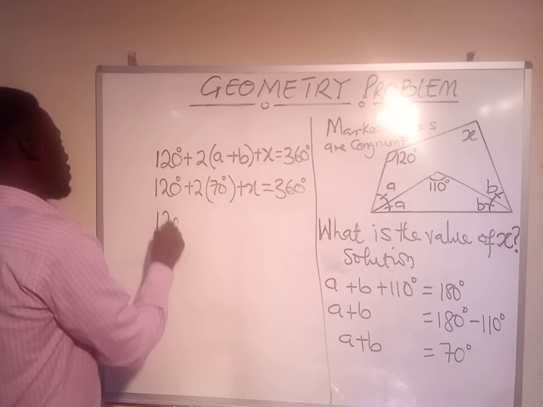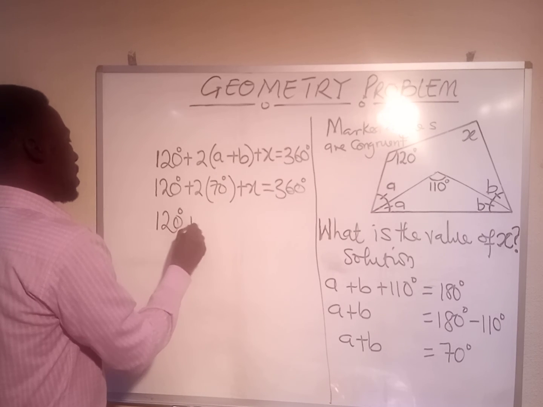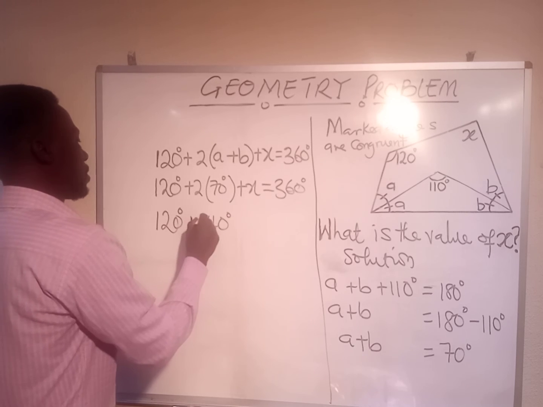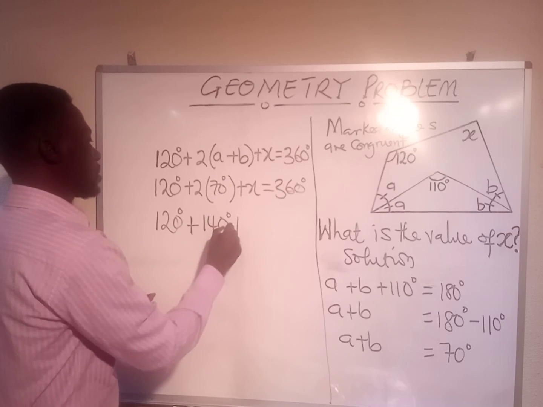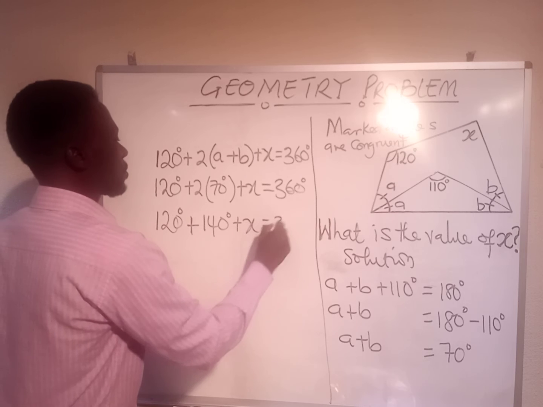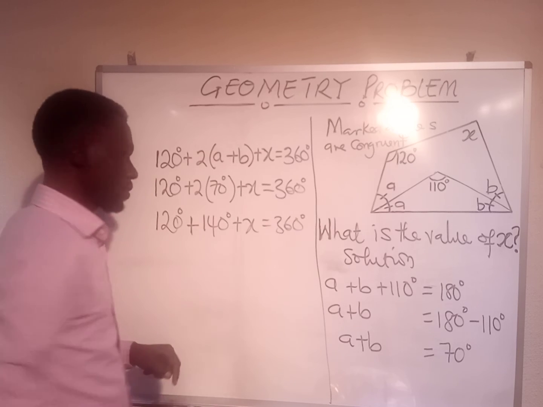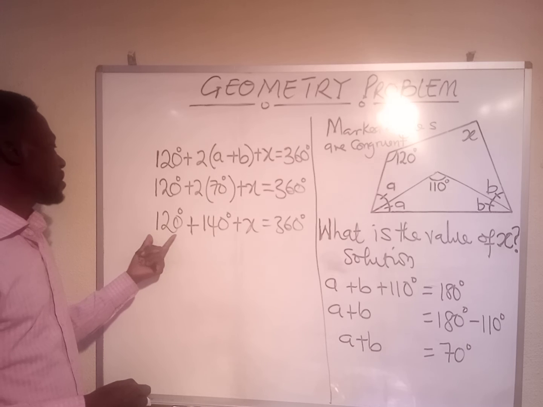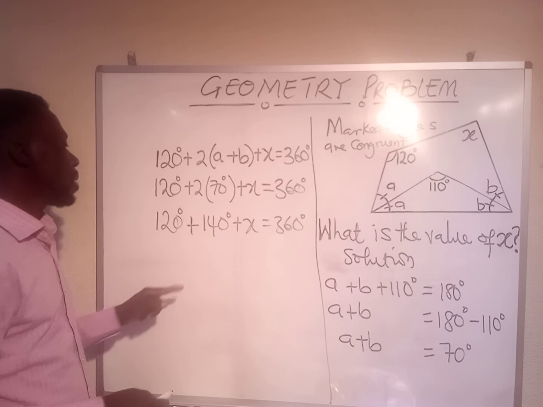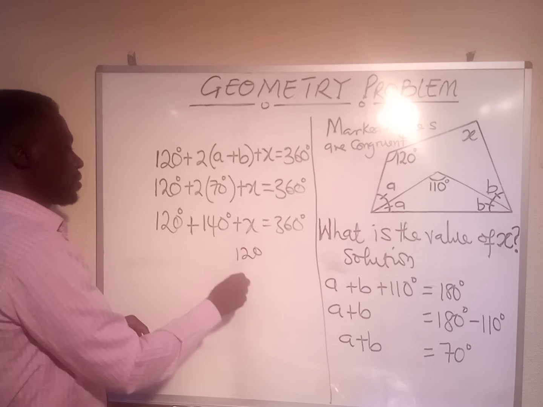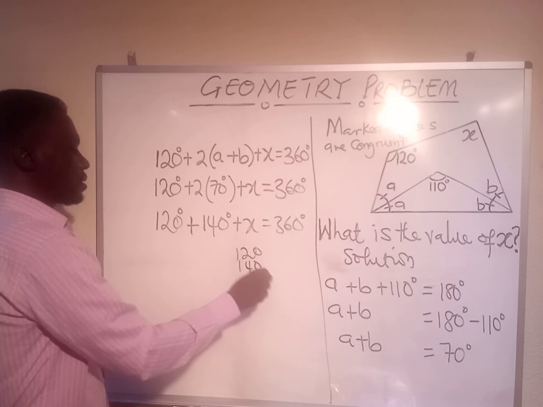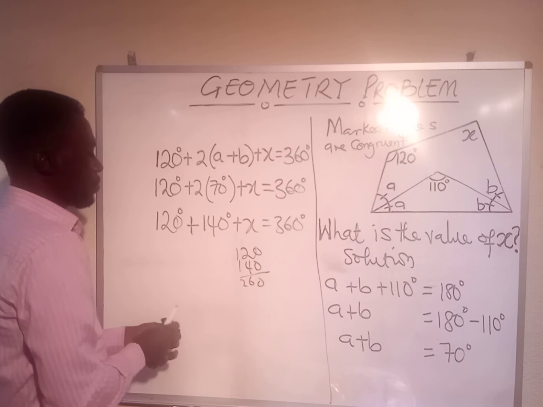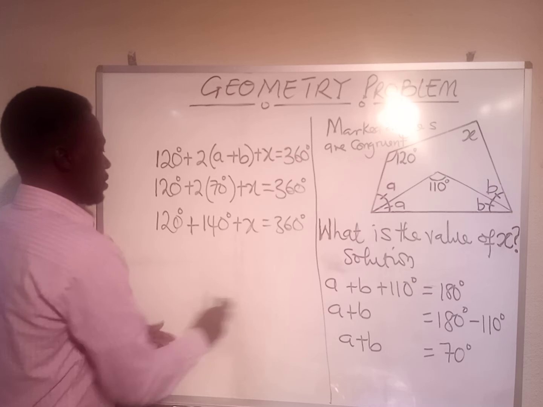So we now have 120 degrees plus 70 times 2, which gives us 140 degrees, plus x equal to 360 degrees. All right, so we can add 120 degrees to 140 degrees. That gives us 260 degrees.